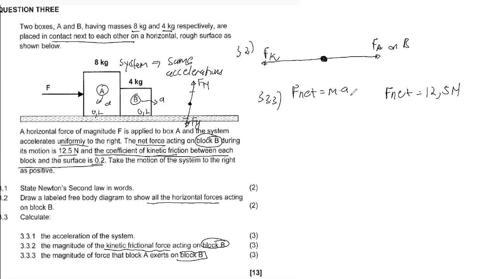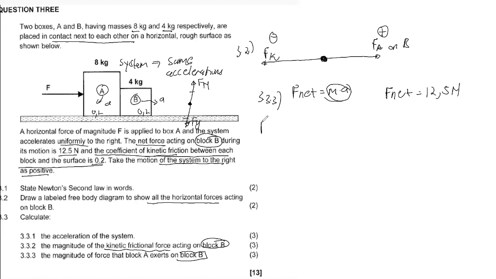So we can substitute all of this, since all of it is equal to your F net, with 12.5 newtons, because that is equivalent to the net force. Now, to indicate this, remember, we are told to take the motion of the system to the right as positive. So to the right is positive and to the left is negative.